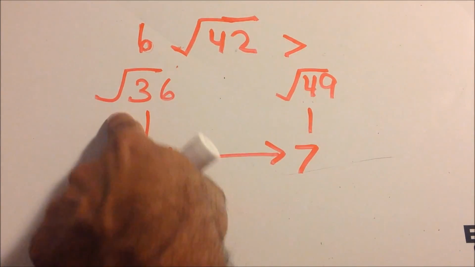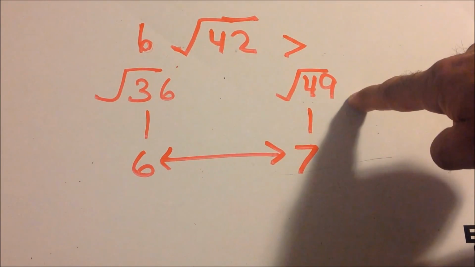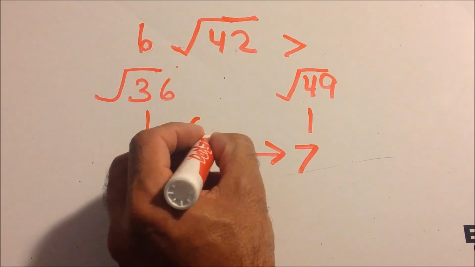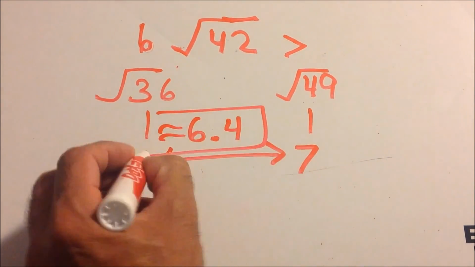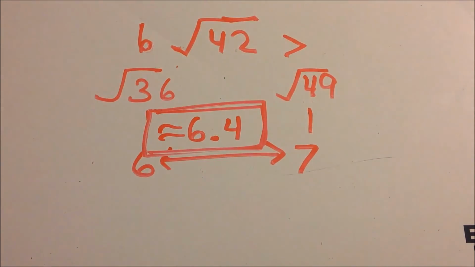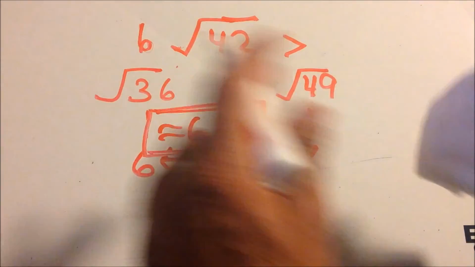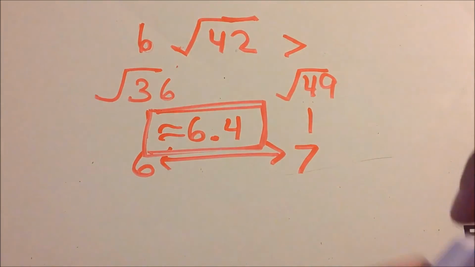So we know it's closer to 36, but it's almost close to 49. So we can say it's about 6.4. That could be a good guess. We wouldn't say 6.1, because that means it's very close. So you've got to use some common sense and judgment.